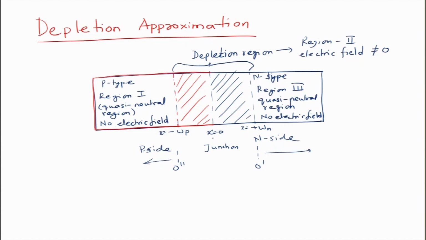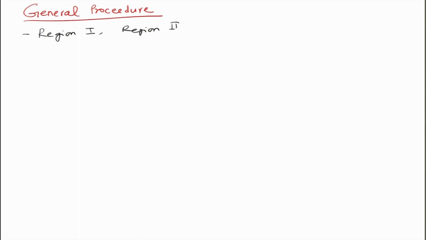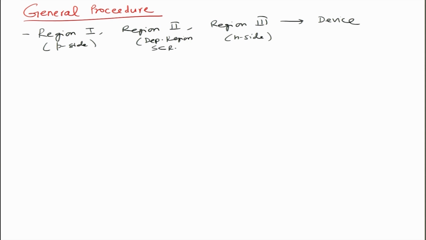So, what is the general procedure for solving? So, let us write the general procedure. So, general procedure is that we divide the device into 3 regions, region 1, region 2 and region 3. Okay. So, this is, we said, it is P side, this is N side, and this is depletion region, or it is also called as SCR, that is space charge region.